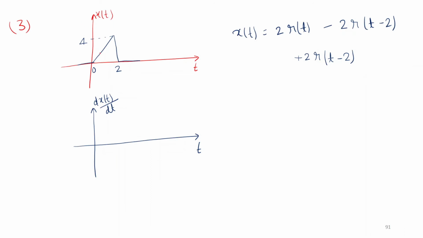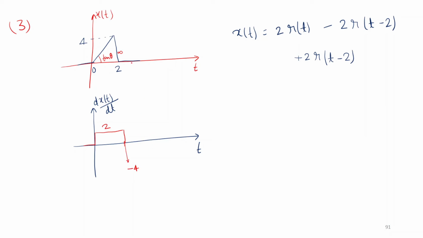Next example, x(t) is given to you. From 0 to 2 this is a ramp signal and this is a simple line. Slope is infinite, and so from 0 to 2 you will get a step signal. When you differentiate the ramp, you will get a step of amplitude equal to its slope, tan theta, 4 by 2, and for this line you will get an impulse signal with amplitude minus 4.